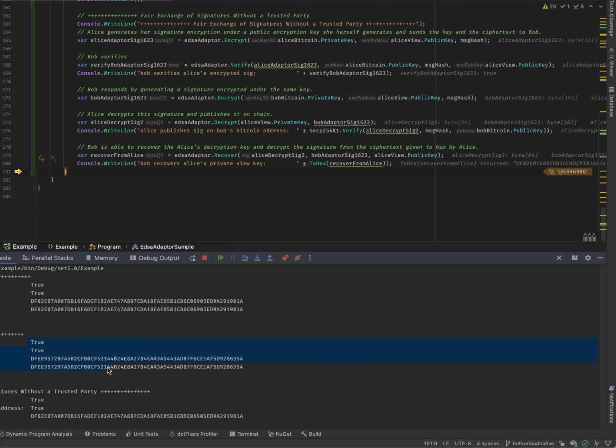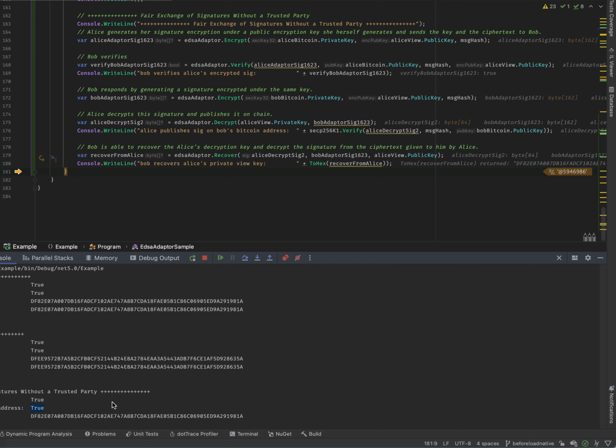Bob does the same thing, however we haven't done the fair exchange with Bob yet, so we're only doing it on Alice just to prove that this is all correct. So Bob verifies the encrypted signature, it's true. Then Alice publishes the signature on Bob's address, and Alice can't produce a valid signature on Bob's public Bitcoin address.